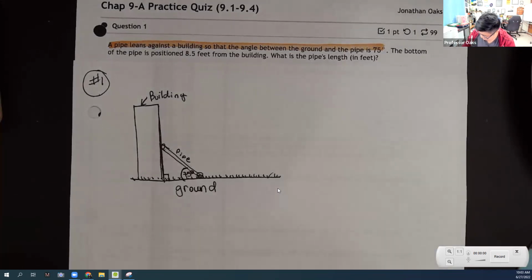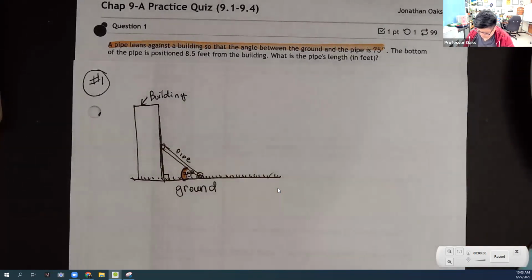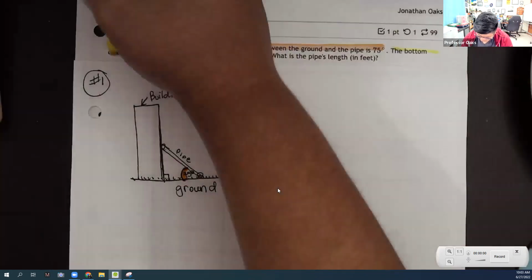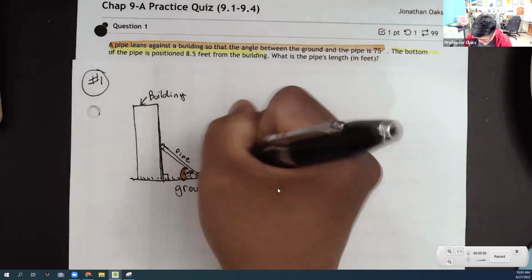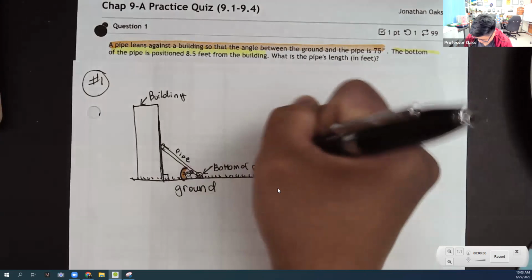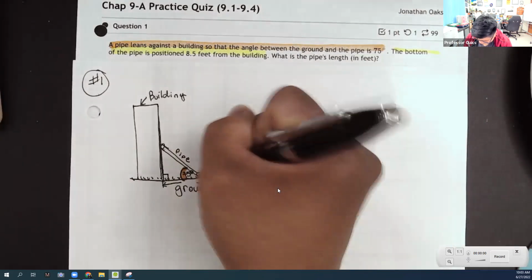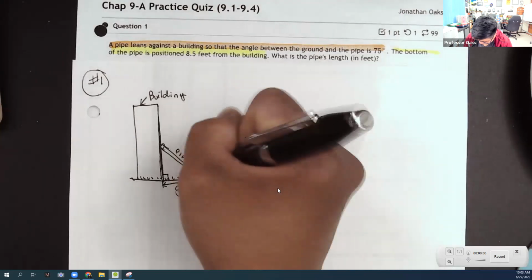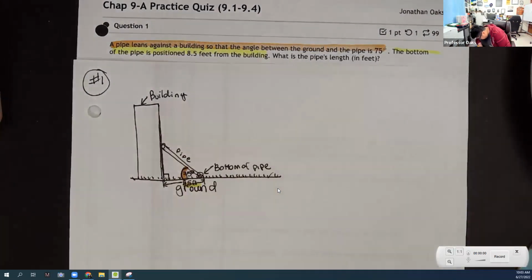If the bottom of the pipe is positioned 8.5 feet from the building, so this is the bottom of the pipe right there, and they said it was 8.5 feet from the building like that. So then what is the pipe's length?